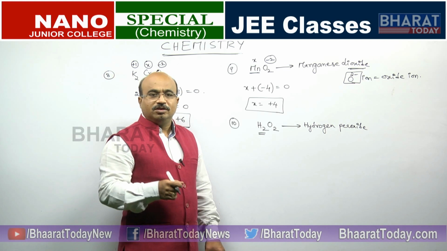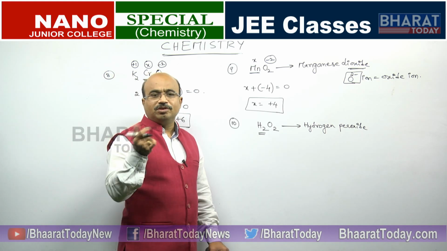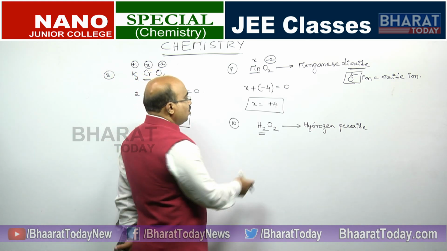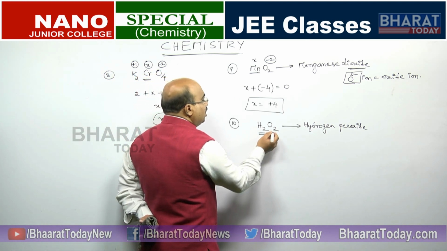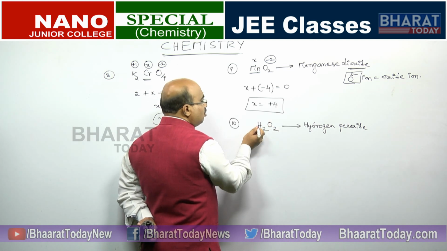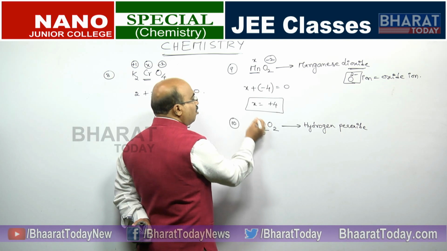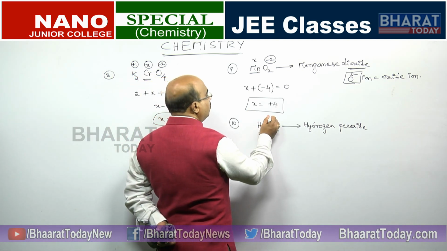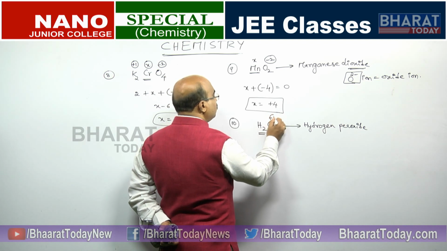We just use hydrogen peroxide, which is available in medical shops. So, why is it a peroxide? Because this oxygen is attached to a 1A element, hydrogen, so oxygen can be taken as -1.